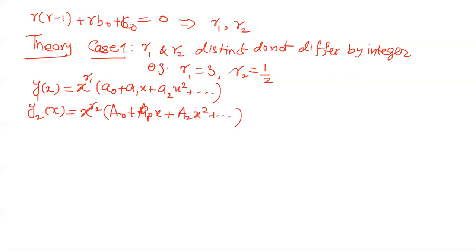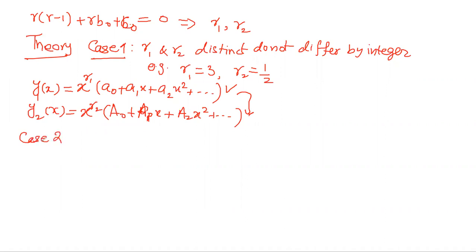In any case, it is important to find the first solution, and then the second solution can be found conveniently by the reduction of order method. So this is case 1.